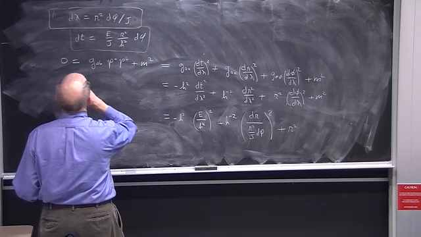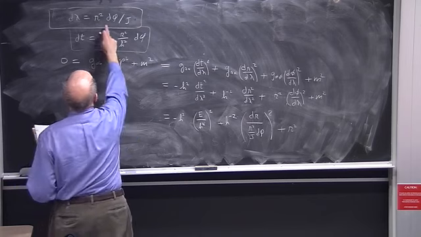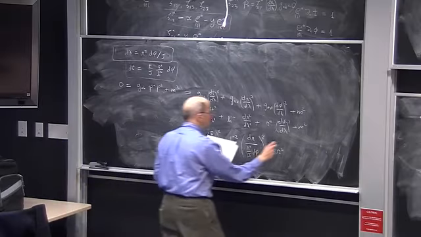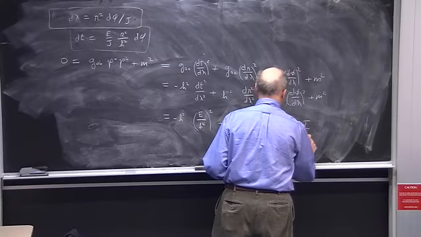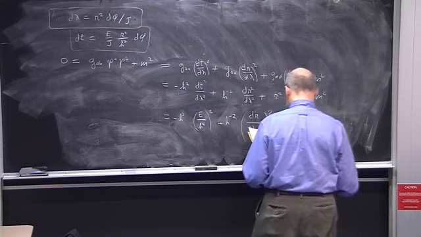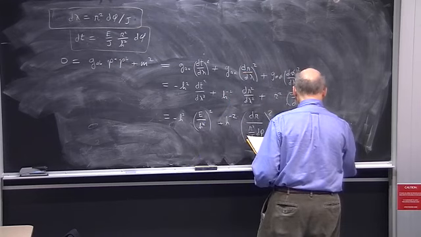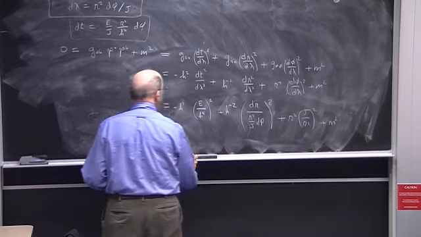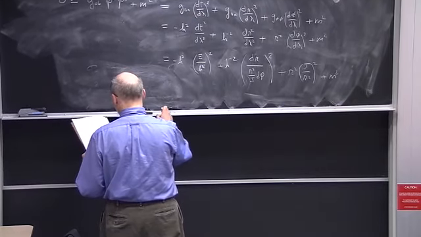Again, what do we have? d phi d lambda from this thing is equal to j over r squared, I guess. Plus m squared. And this is all equal to 0. Okay. So from here on in, it's just algebra, really.